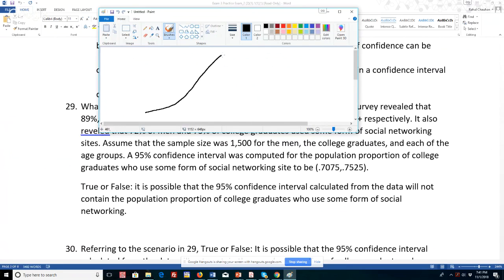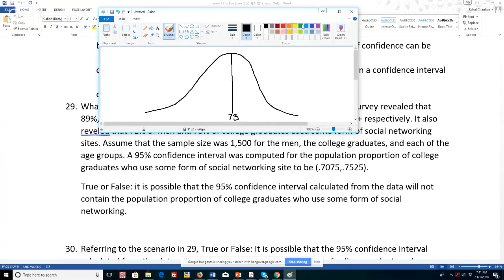So here's our sampling distribution. Remember, this is a sampling distribution. And suppose that our true population parameter is 0.73. So we're trying to estimate this 0.73, right?